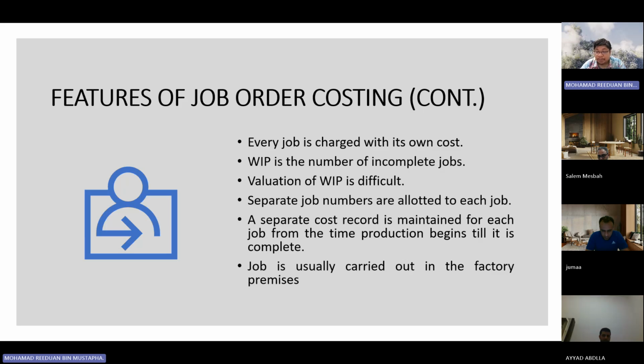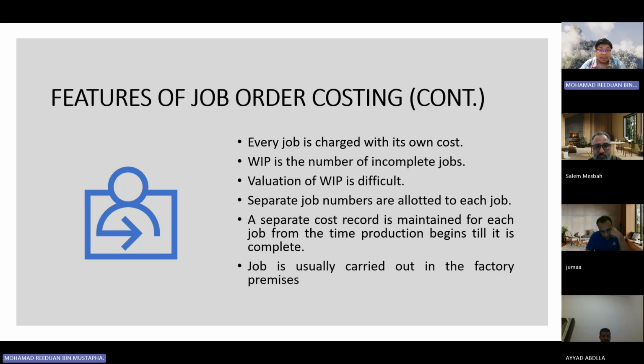If you have more jobs, it could be complicated as well. A separate cost record should be maintained for each job from the time production begins until it is complete. The job is usually carried out in the factory premises. So those are the features.